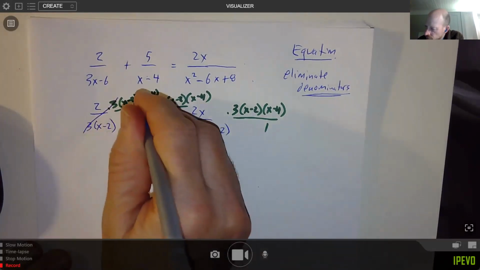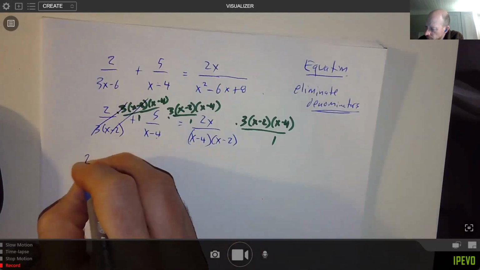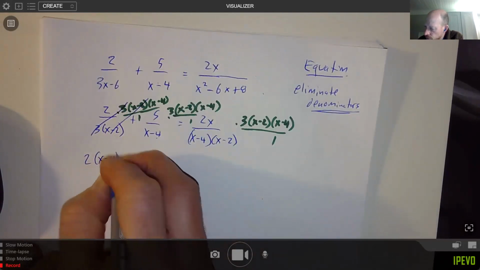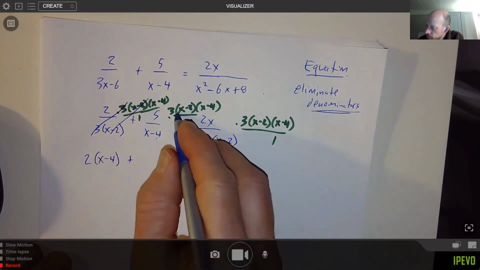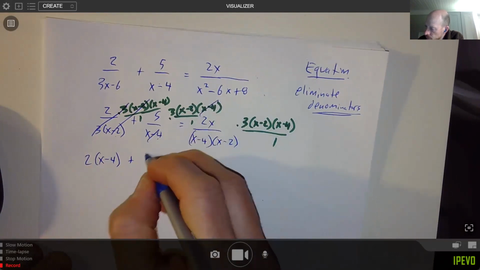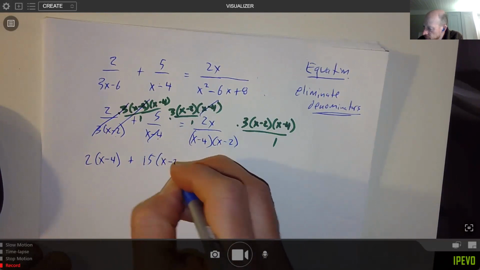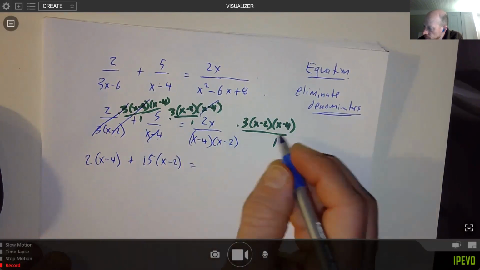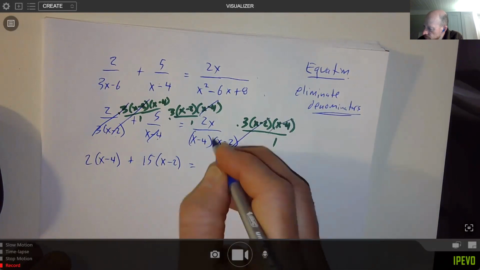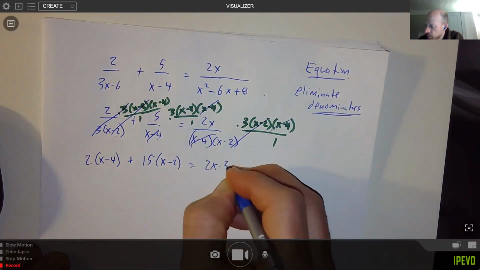The 3's cancel and the x minus 2's cancel. So I get a 2 and an x minus 4. Here I get a 5 times a 3, so that's a 15 x minus 2. And here I get a 2x times a 3.